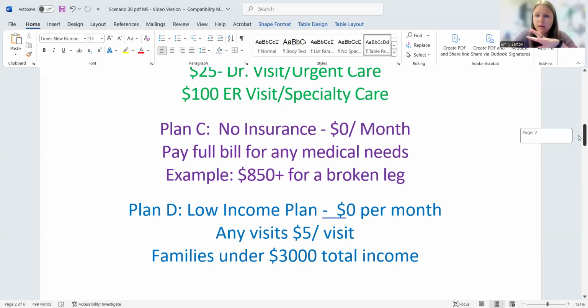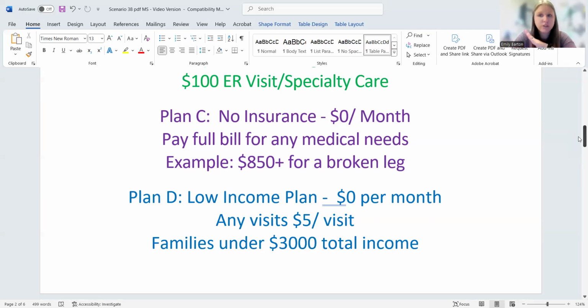So what that means is in that total income that we just got tallied and wrote on our chart, if it is 3,000 or less, you do not have to pay anything. You can choose Plan D. If you make 3,001, you have to choose one of the other three plans. This is not an option.